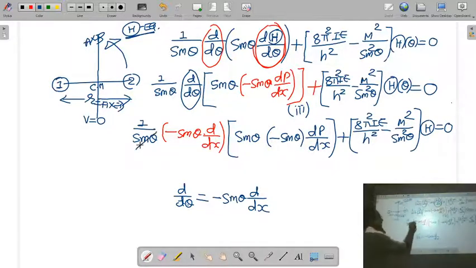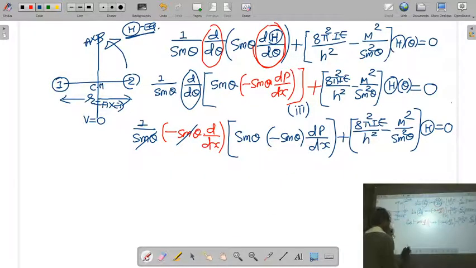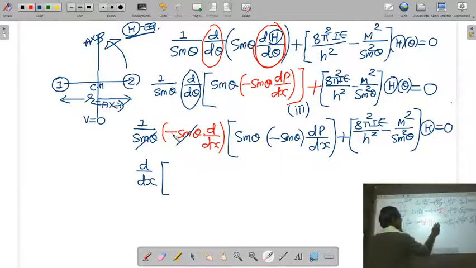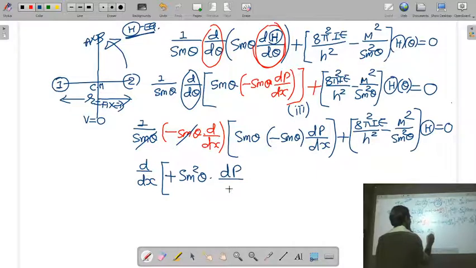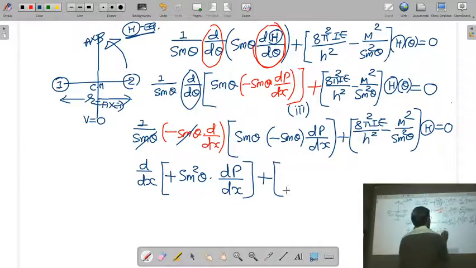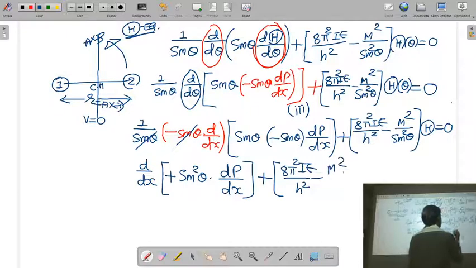This sin theta is going to be cancelled. So we have d by dx, this minus is going to be plus, the sin theta into sin theta will be sin square theta dP by dx, plus 8 pi square I E, second term as it is.